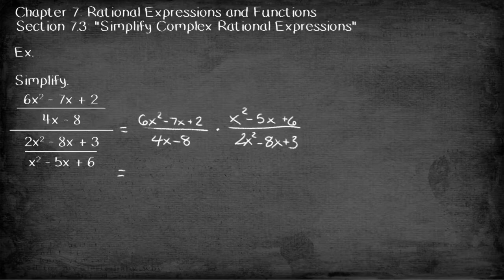Then we want to factor and simplify what we can. So let's see. Denominator of the first fraction, I could factor to 4 times the quantity x minus 2. Just seeing what's easy. Okay, numerator of the second fraction. It's also not too bad.